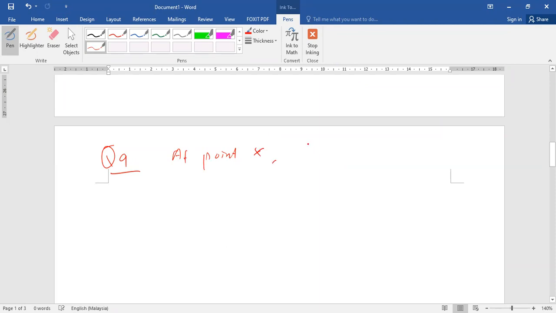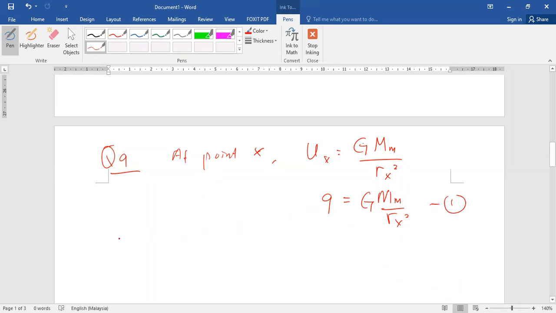At point x, the field strength is GM over rx squared, where it is equal to 9. So 9 is equal to GM over rx squared. Equation 1.